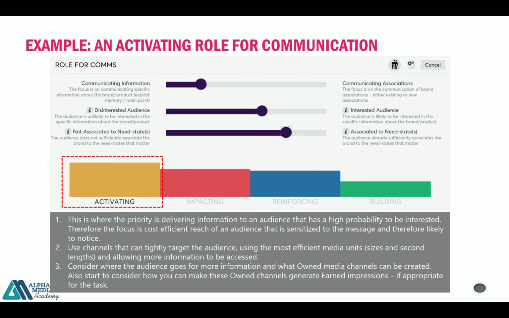Based on what you choose, it helps you determine the kind of platforms and channels you need to use. In this example, where we have said it's an activating role for comms, and we know we're talking to people with a high probability of being interested, we want cost-efficient reach, so we're looking at shorter media lengths. Probably we're not going to use TV because it's going to be expensive.